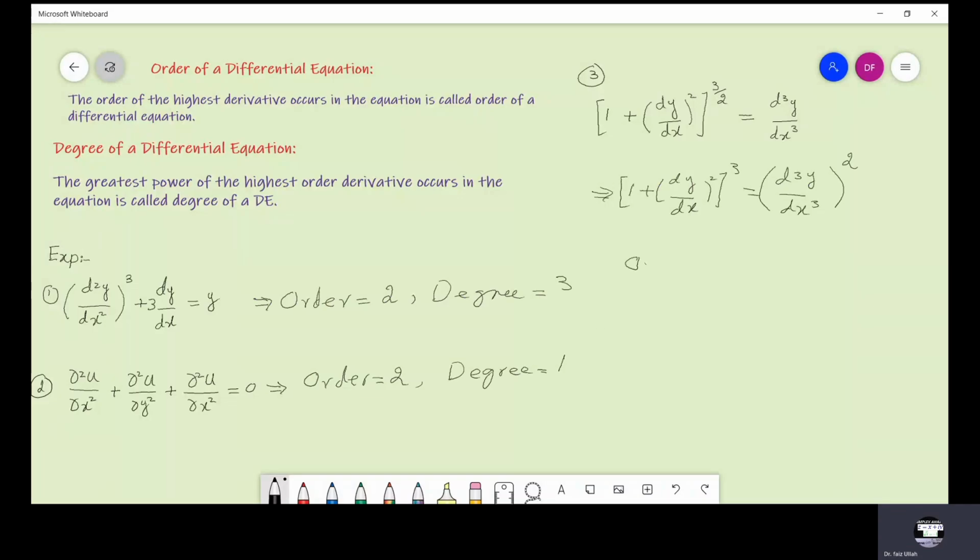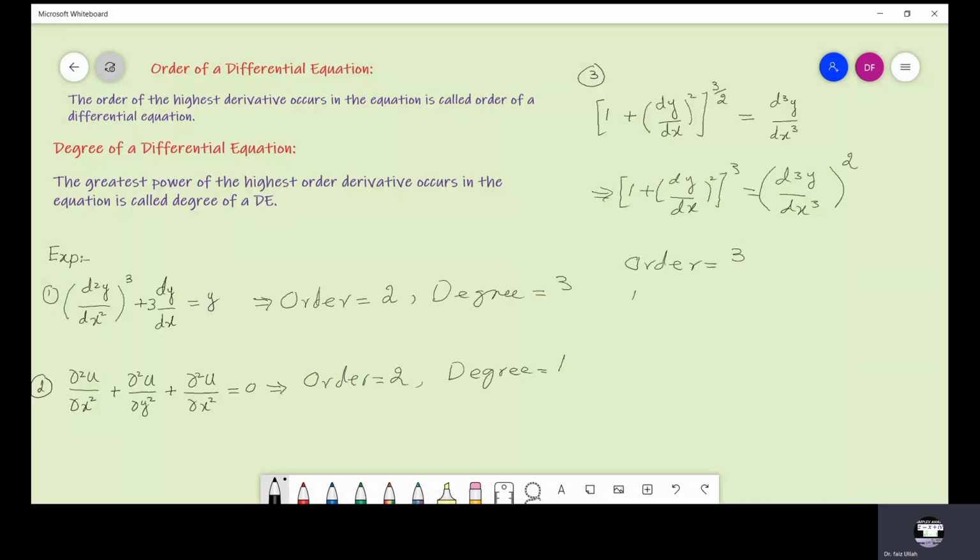So order of this differential equation is the highest order derivative. This is first order derivative and this is third order derivative. So the highest order of the derivative in this equation is 3. So order of this differential equation is 3.